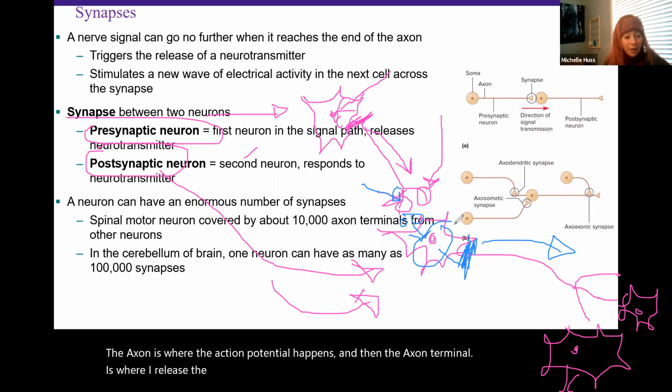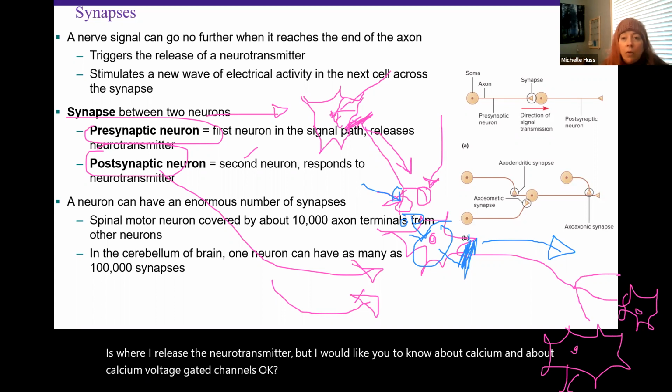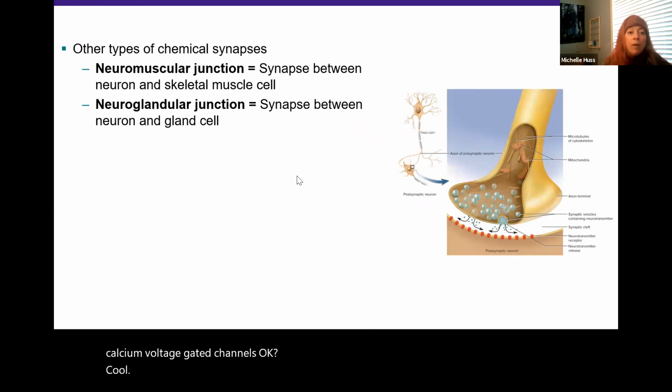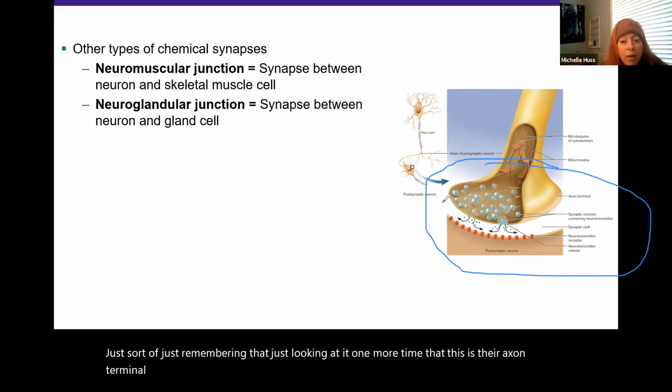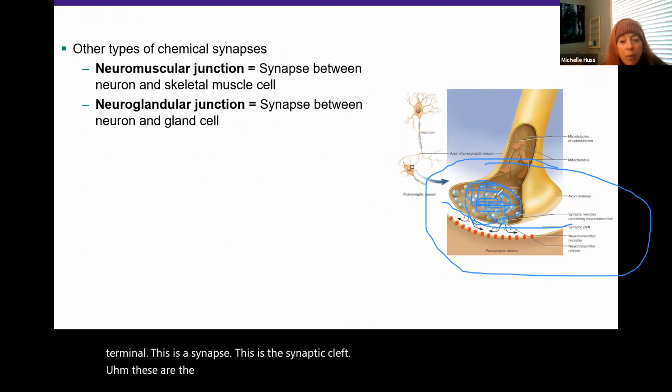But I would like you to know about calcium and about calcium voltage gated channels. Just remembering, looking at it one more time, this is your axon terminal, this is a synapse, this is the synaptic cleft. These are the neurotransmitters. We're about to learn about a bunch of them.